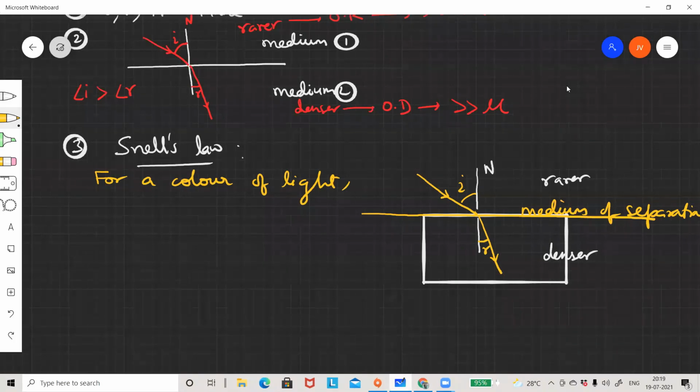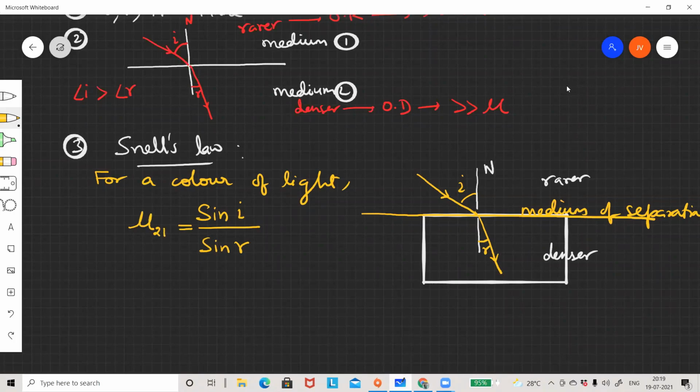It bends such that the ratio of sine of angle of incidence to sine of angle of refraction is a constant, and that constant is called the refractive index of the second medium with respect to the first medium, which we write as mu 2 1. Our book also writes mu.